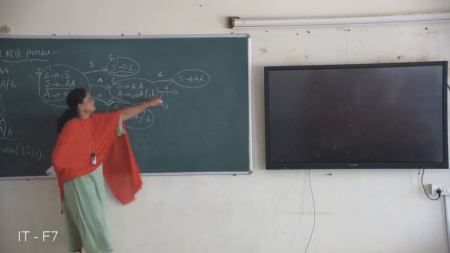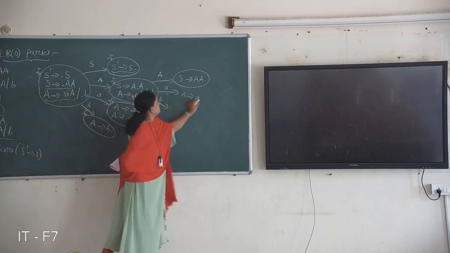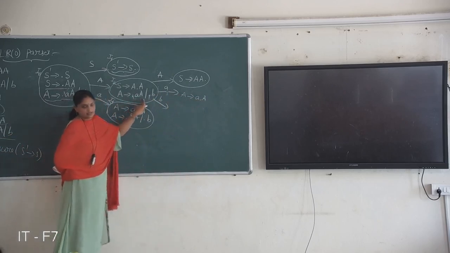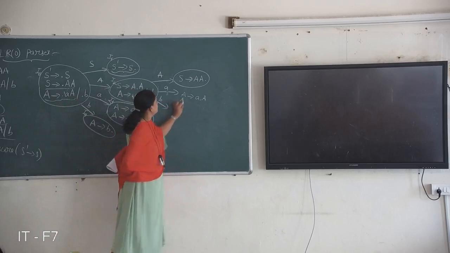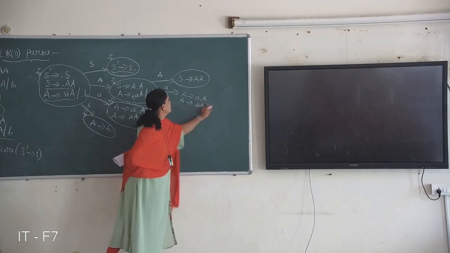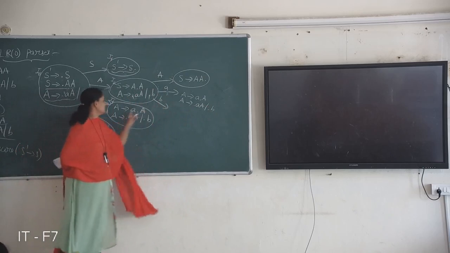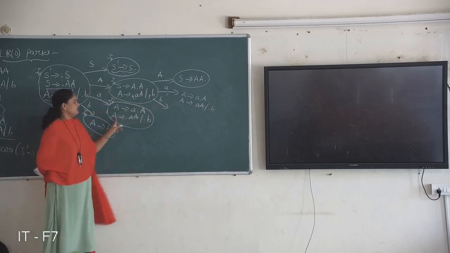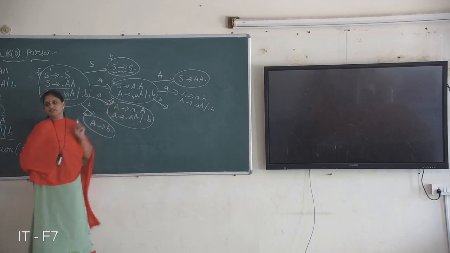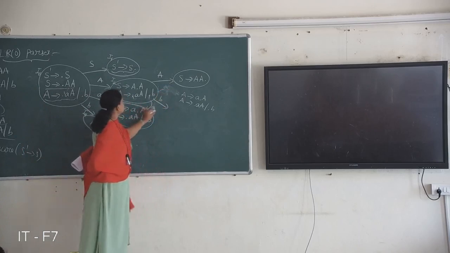Okay, next do the transition on small a. A derives A dot A, so we are moving the dot from here to here, and again A is there. So again write the A productions with the dot at the beginning, A derives dot A B. This state already exists, right? This state already exists here, that is A derives A dot A and A derives dot A B. The same productions are there in this state, and directly on a it goes to this state.